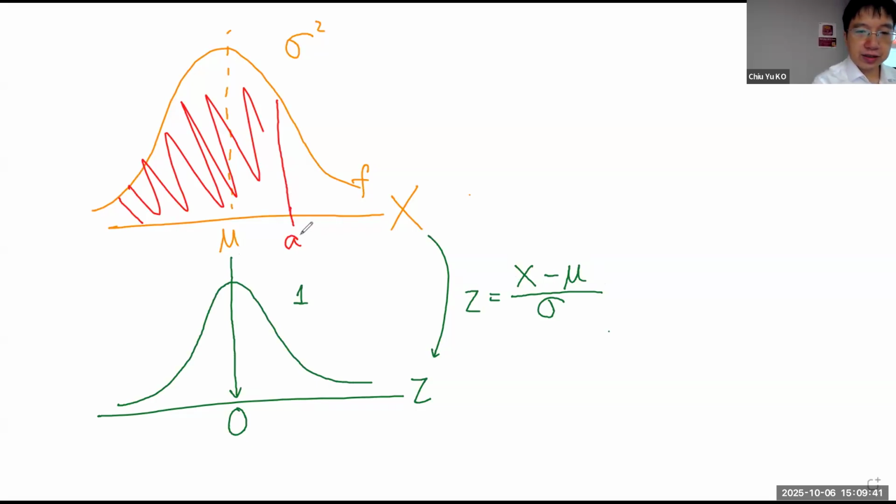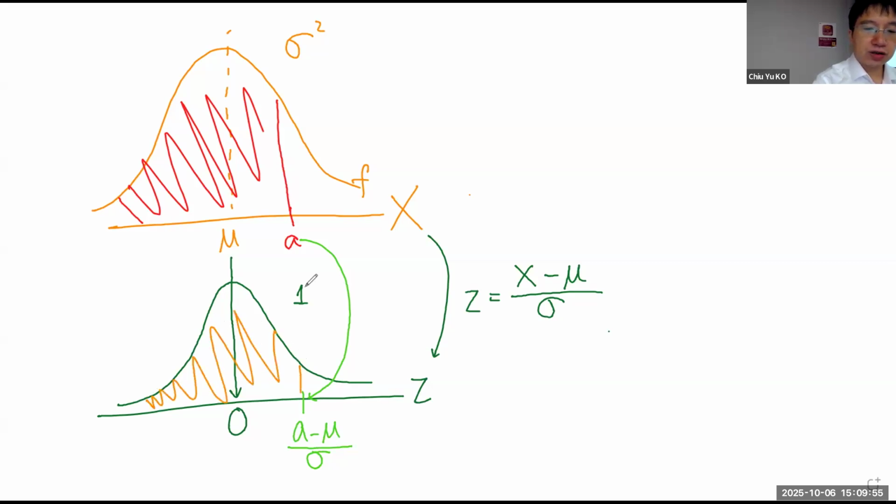Because I can convert A to here. This point is just A minus mu over sigma. By doing this operation, I look at this area, which I already know how to do because I only have one standard normal. I know exactly what the numbers are. So this is something we do.